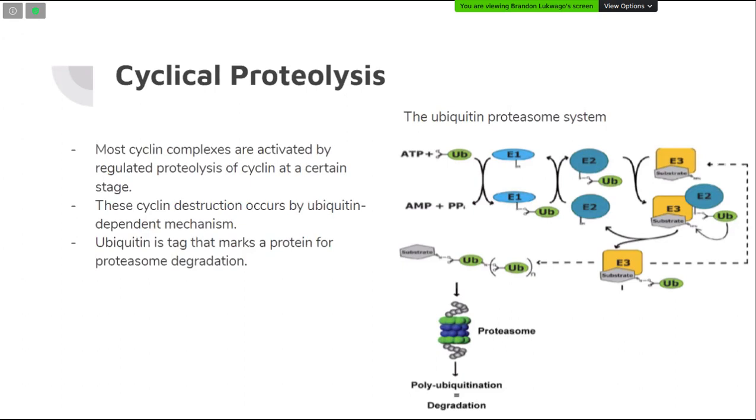Ubiquitin is a tag that marks the protein for proteasome degradation. This is the ubiquitin proteasome system, and this mechanism leads to degradation of a cyclin once the cell has gone through one particular transition.